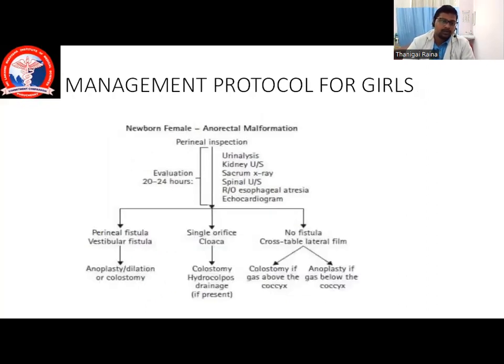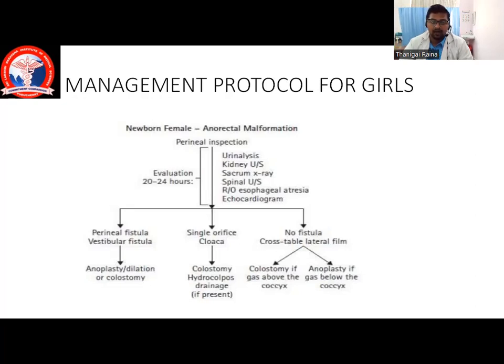For girls, it is the same. Newborn female with anorectal malformation: perineal inspection, then evaluation after 20 to 24 hours. On the right hand side, urine analysis and kidney evaluation are the same as for male babies. After this you come to a conclusion: if it is a perineal fistula or vestibular fistula, go for anoplasty, or dilatation, or colostomy.